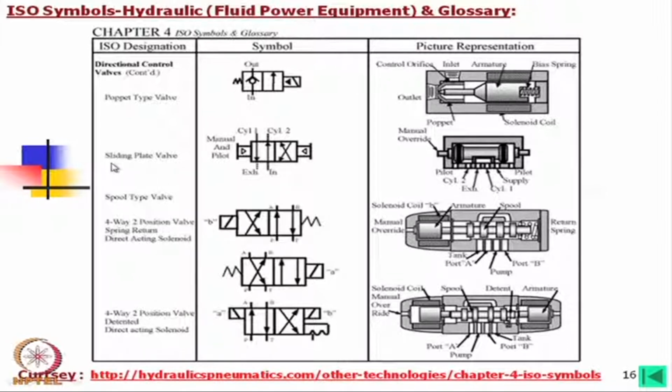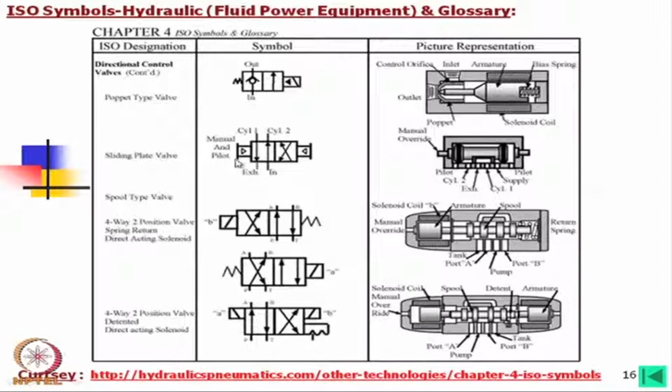If you come to this another component here, as if we are having a sliding plate, this plate can be moved this way or that way, then there will be two connections, and manual and pilot, these operations are done either manually or by pilot.